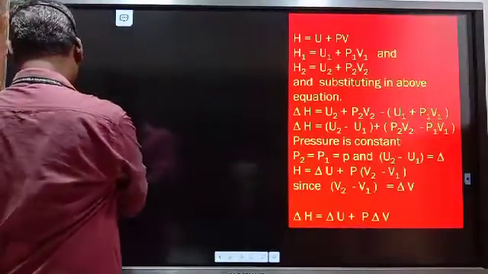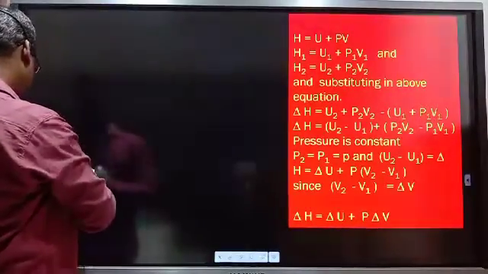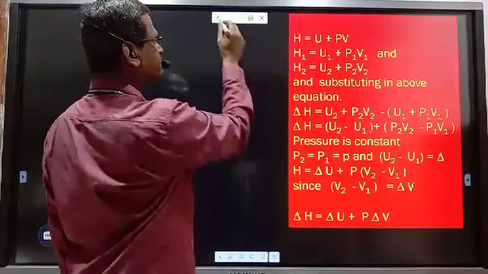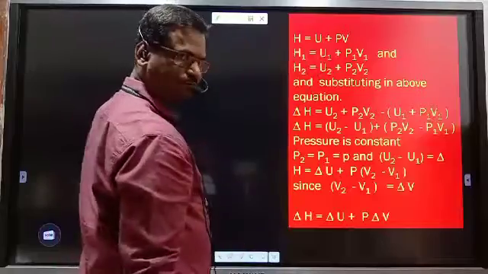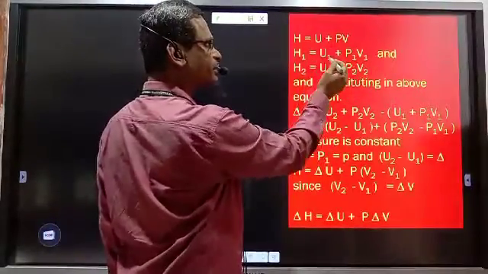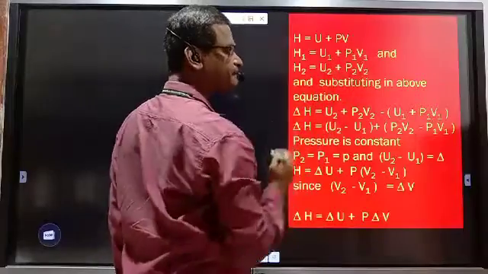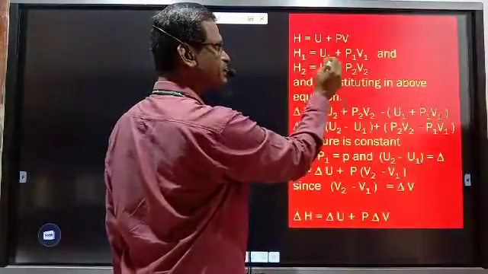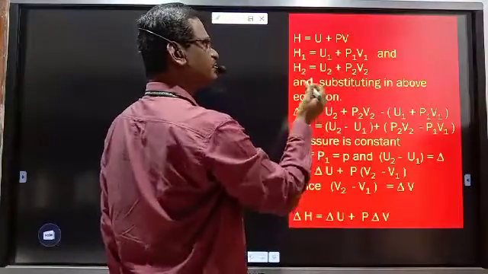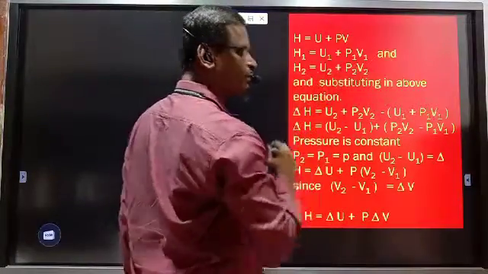Further, from that equation, since H is equal to U plus PV, for the initial state, U will be U1, P1, V1. So for the initial state, H1 is equal to U1 plus P1 V1. For the final state, H2 is equal to U2 plus P2 V2.